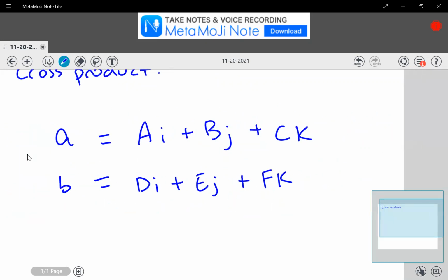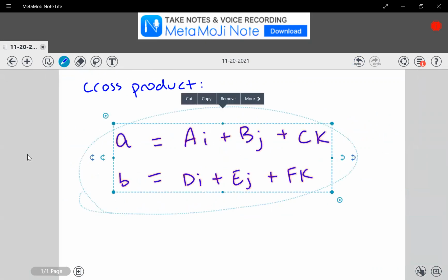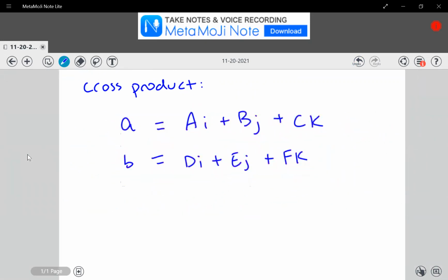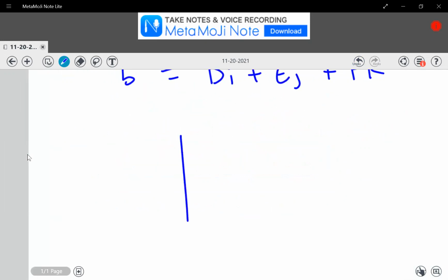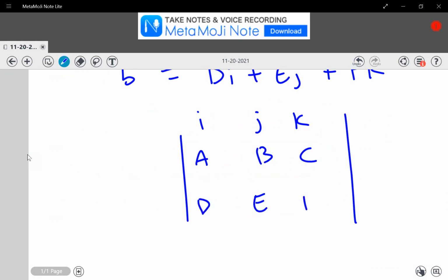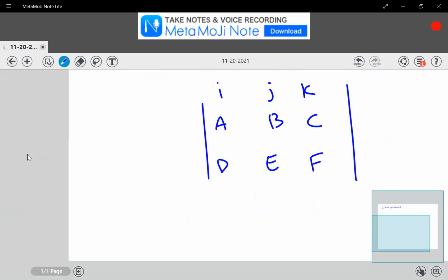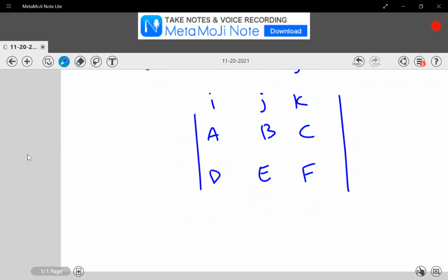Okay, all right. So now we're going to arrange this in a 2x3 matrix. We have i, j, and k, and we're going to go ahead and write out our A, B, C, D, E, F. Basically what we want to do is find the determinant of each of these smaller matrices.